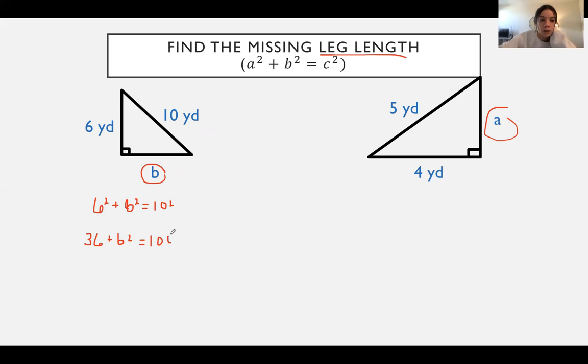We're going to solve for b squared, so minus 36 on both sides. 100 minus 36 is 64. So we get b squared equals 64, and then we take the square root of both sides, and we get b equals 8.